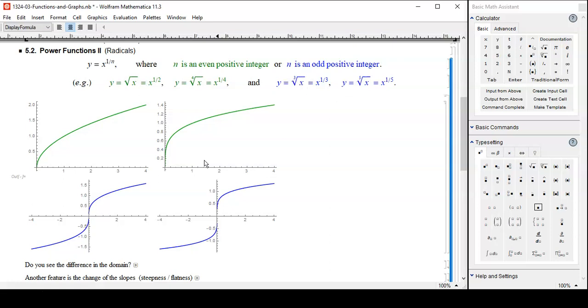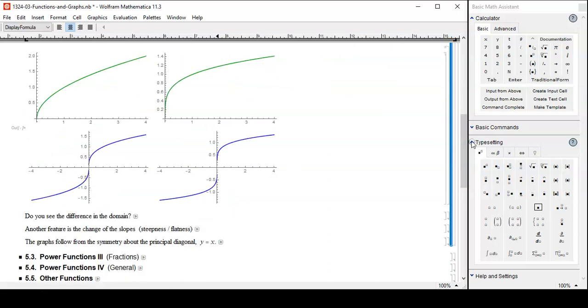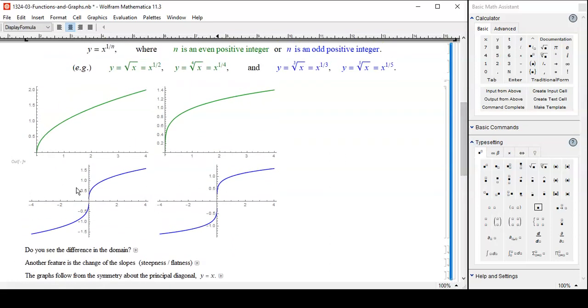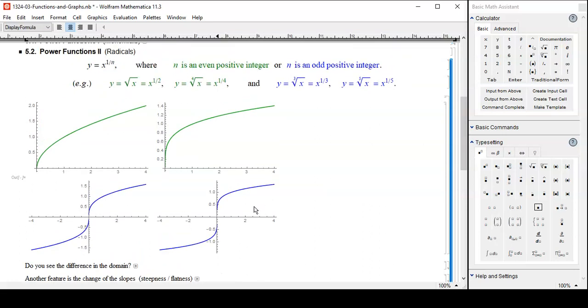Now, cube root, fifth root, those kinds of things have these kinds of graphs. But even for these, me personally, I'd like to restrict ourselves only to positive numbers inside all radicals. That'll make problems simpler. And come on, this is a 1000 level course, so let's keep things simple.